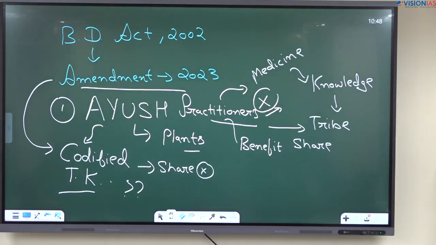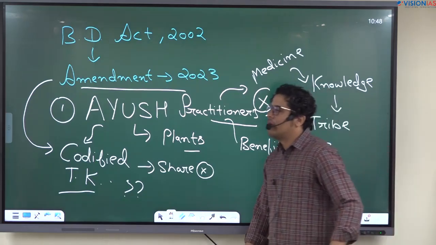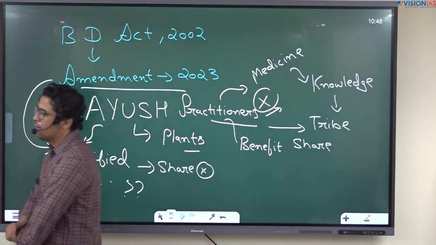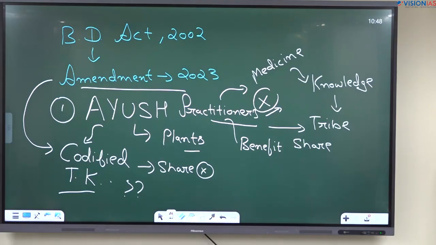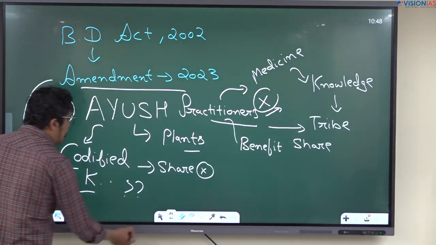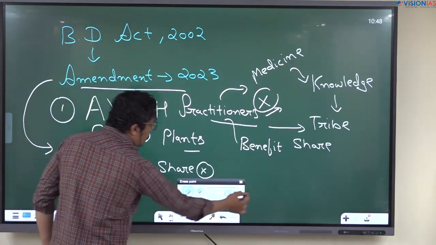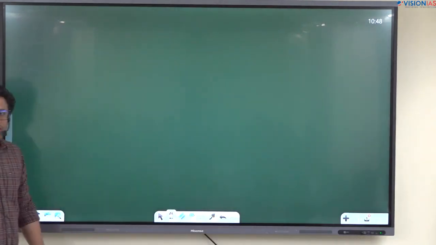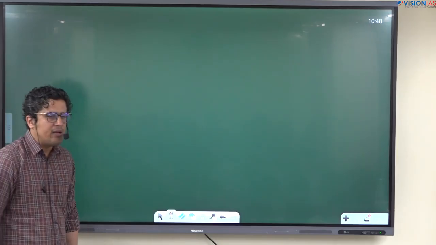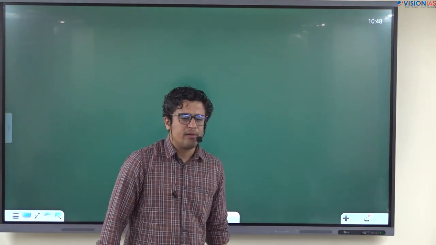So it creates a loophole, which can be used to deny benefit sharing to locals.